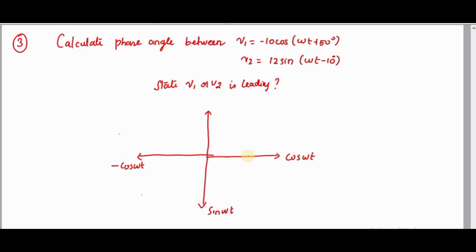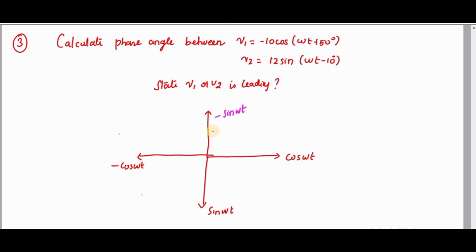For solving this one, you have to take this axis as cos omega t, and this one as sin omega t, and this end as minus cos omega t, and this one as minus sin omega t.